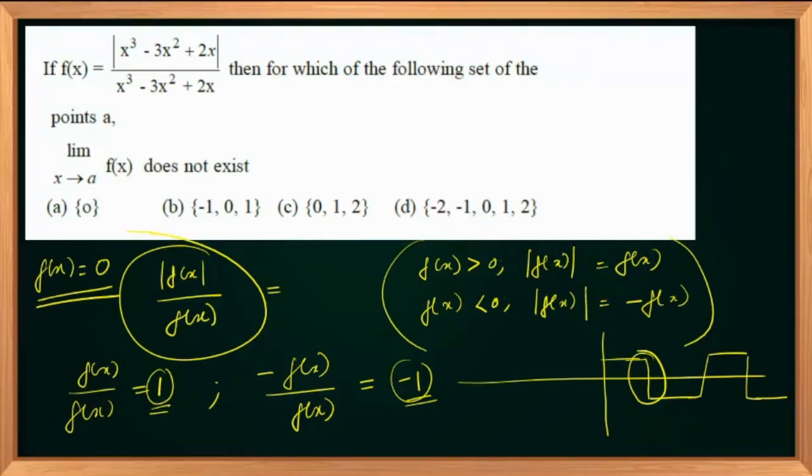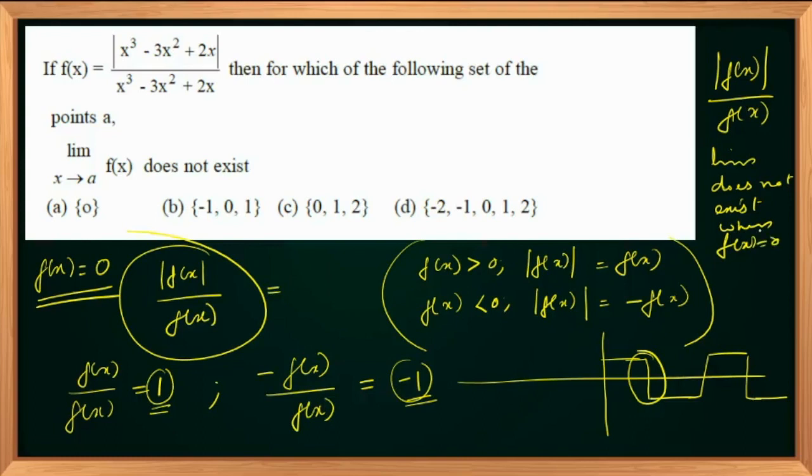The limit will not exist whenever you have f of x equal to 0. Remember, for mod f of x divided by f of x, the limit does not exist when f of x equals 0.